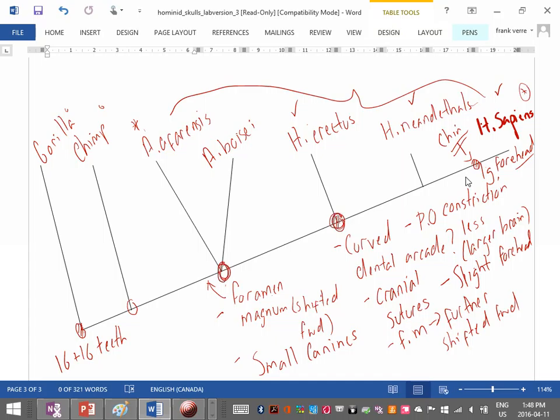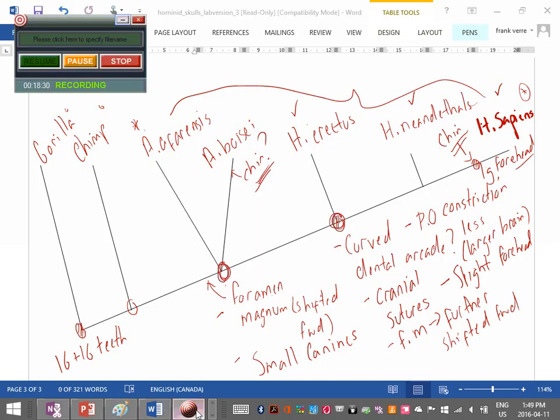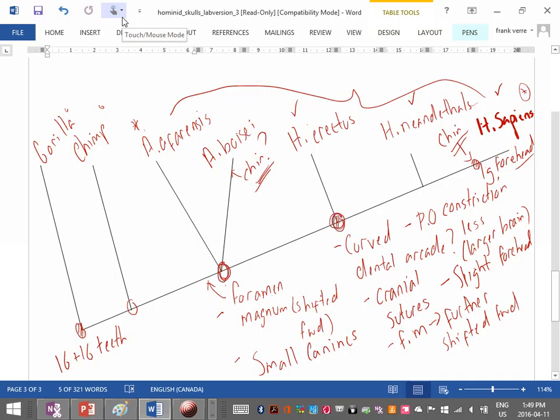Some of you may have felt a bump here. So I'm going to put a question mark because I think some of you, when you were looking at the data, may have felt like it looks like Boise might have a bit of a chin, but I'm not really sure about that one. All right. Anything else?